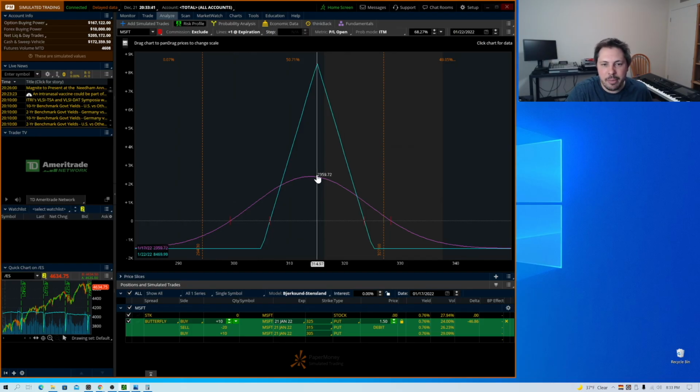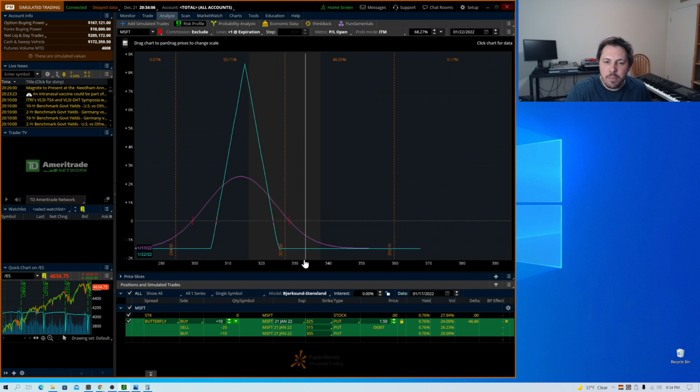You're paying this debit, but your risk to reward on this is superior because of the type of return it can produce on the cash invested, right? Again, you're talking about easily making over 100% should this trade play out perfectly, right?